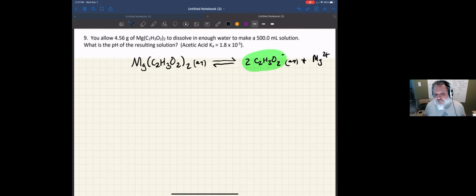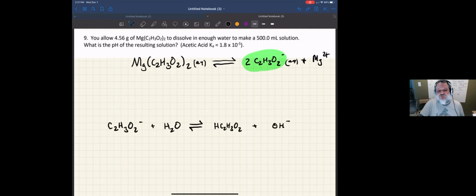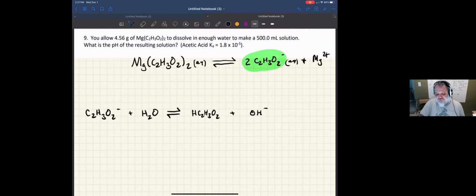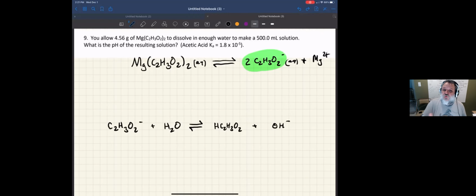And what you need to remember is that acetate is a weak base in and of itself, it's the conjugate base of acetic acid, so it's going to react with the water. So once you make the solution, acetate reacts with water to make acetic acid and OH minus. And this is the pertinent reaction that's going to change the pH of the salt solution.